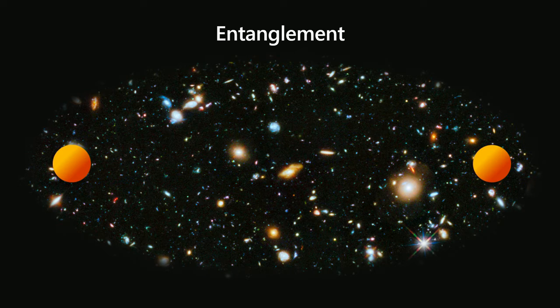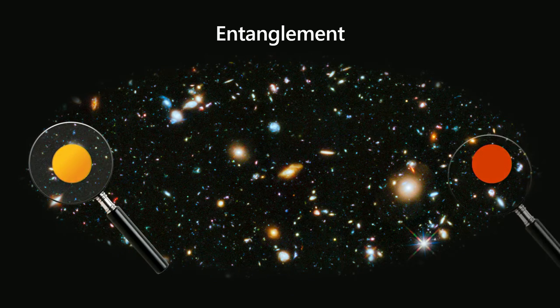And until I actually do the measurement, they're in a state of kind of combined superposition where they're both red and yellow. So if we take a look, measure one, measure the other, we get that correlated effect. And this is a very simplistic view of entanglement. There's actually much more complicated entangled states. But the bottom line to remember about entanglement is the states of these things are correlated.